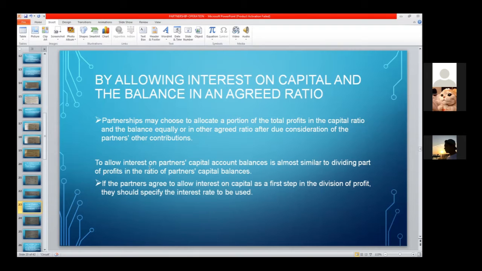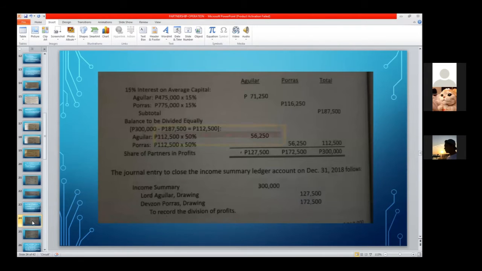So if the partners agree to allow interest on capital as a first step in the division of profit, they should specify the interest rate to be used. So kaya nasa kanila yan kung nasa agreement yan ng partners kung ilang percent yung gagamitin nilang sa interest. So proceed tayo sa illustration nila.